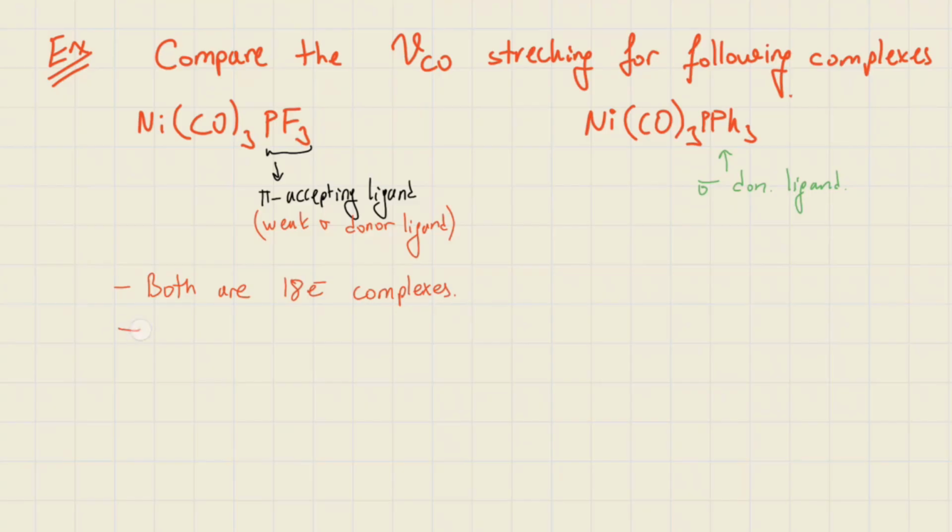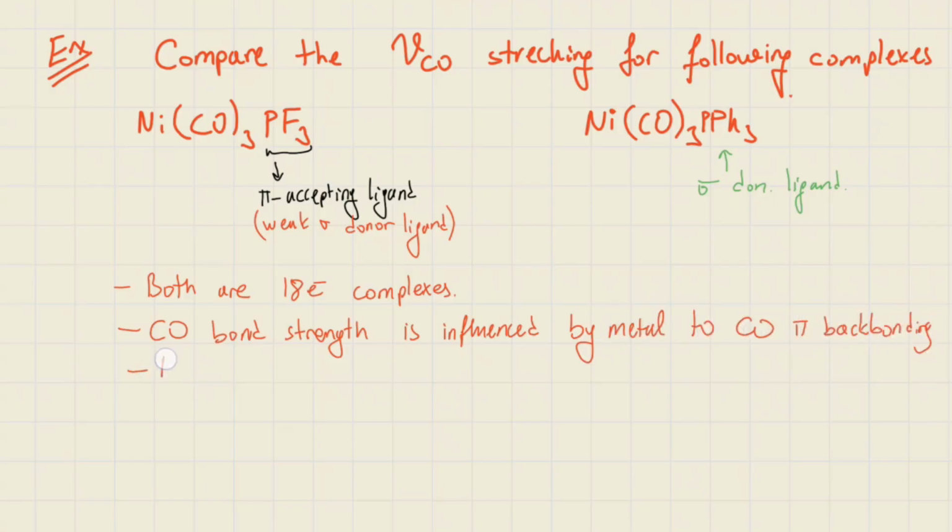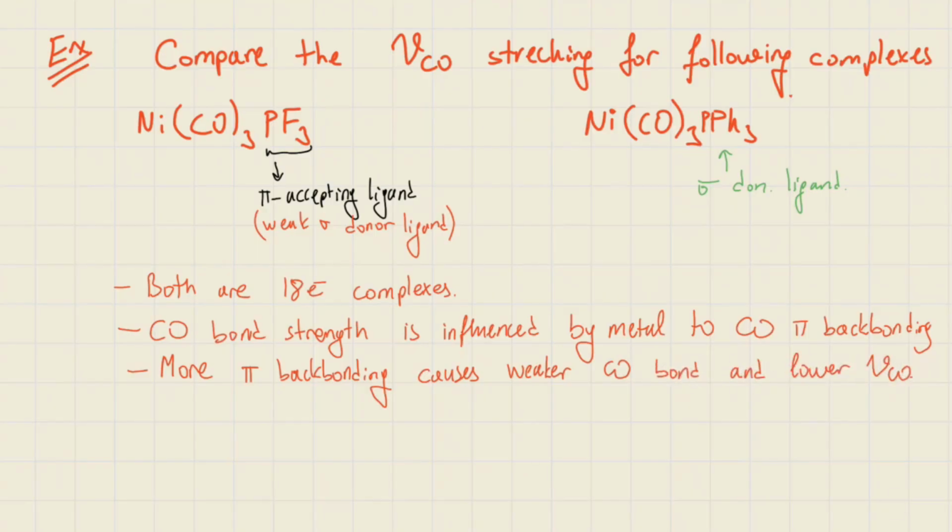And we have to know a few things. First, the CO bond strength is influenced by the metal to CO pi back bonding. More pi back bonding causes a weaker CO bond and lower νCO. Less pi back bonding causes a stronger CO bond and higher νCO.